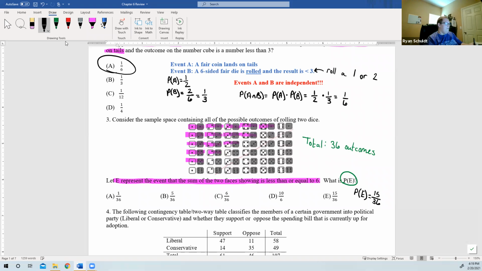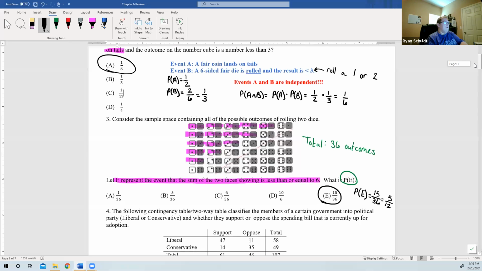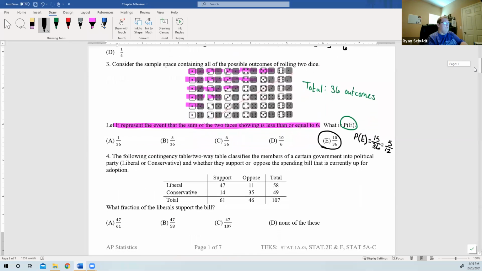Is this an answer choice? Yes, it is. It's actually answer choice E. Now, if it wasn't, we would probably have to reduce this, and you could. You could say this is 5 over 12. And then look and see, is it an answer choice? So notice they didn't reduce it on this one, so we have to adjust with them.